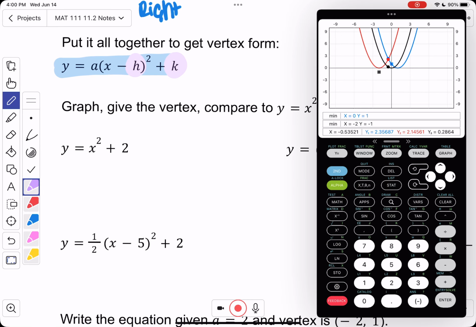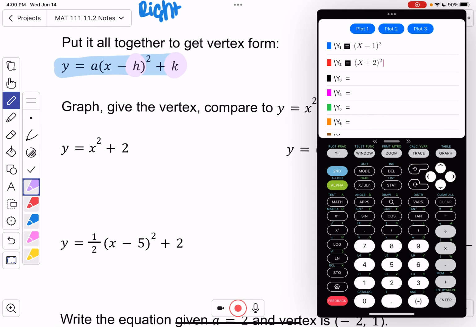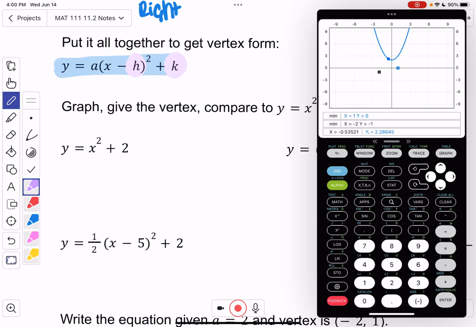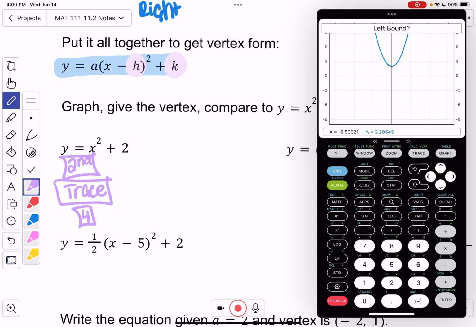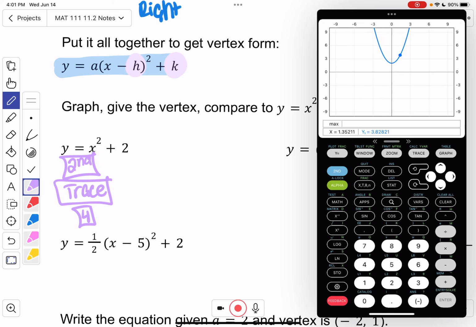If I then did x squared plus 2, and graph that, one way to find the vertex is to do the second trace minimum, which we talked about in 11.1. We put our arrow somewhere to the left of the min, somewhere to the right of the min.